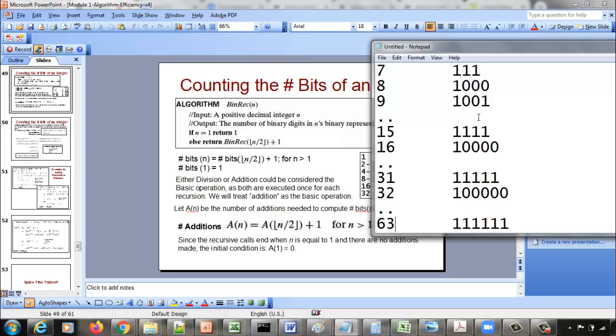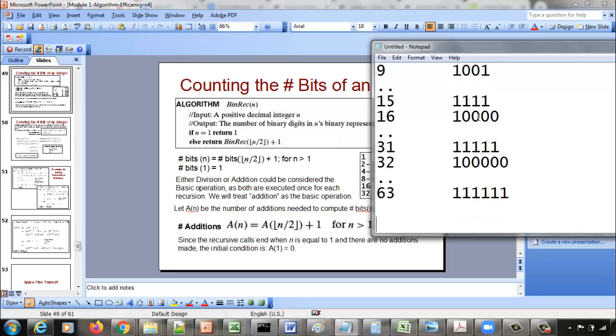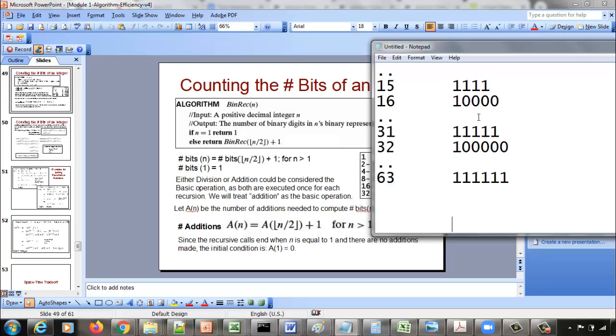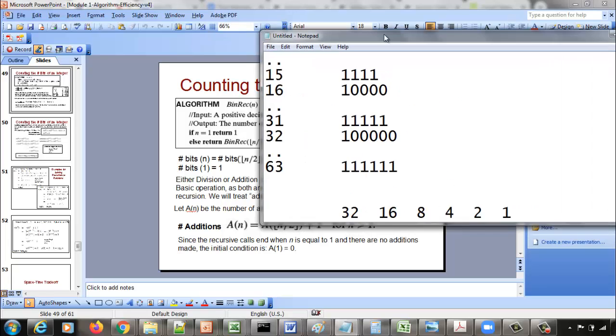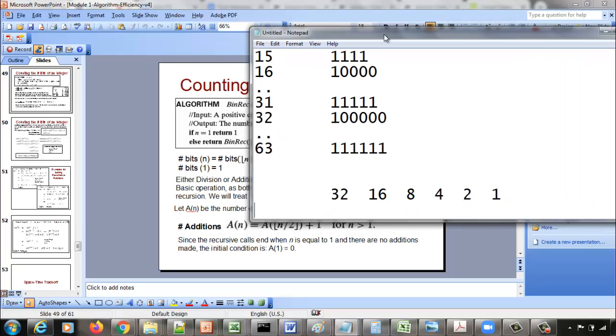So let me write the exponents of 2 if that will help you understand better. The exponents of 2 are 32, 16, 8, 4, 2, 1. I think I explained this approach in some class earlier, either this course or a previous course.